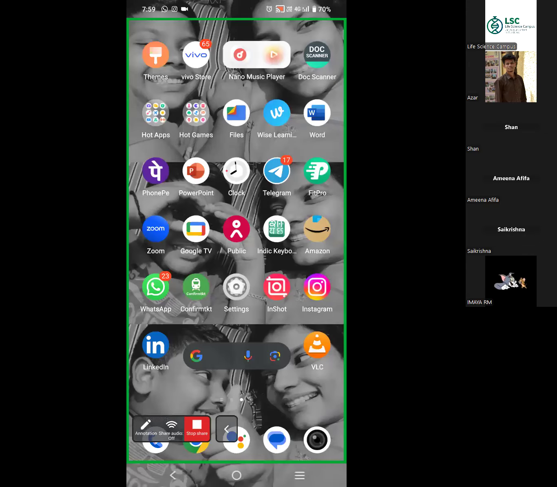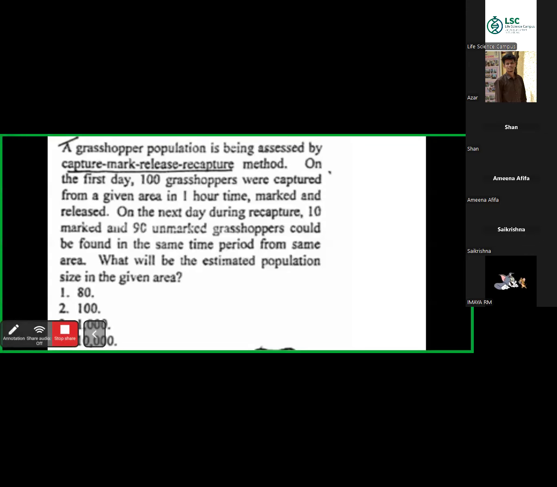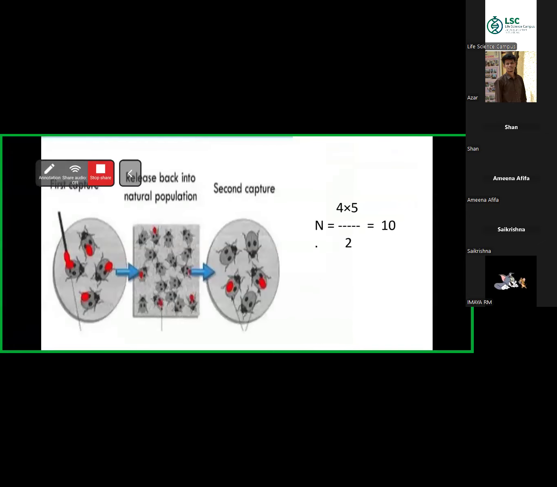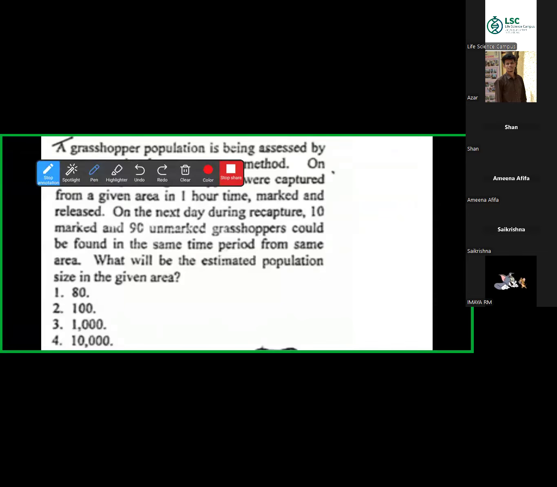So your answers are right. So I will explain. A grasshopper population is being assessed by capture mark release recapture method. On the first day, 100 grasshoppers were captured from a given area in 1 hour time, marked and released. So the number of individuals in the first capture is 100. On the next day, during recapture, 10 marked and 90 unmarked grasshoppers could be found in the same time period from same area.